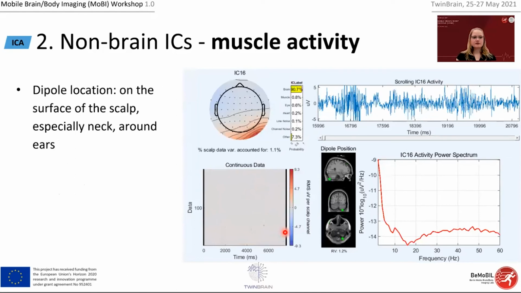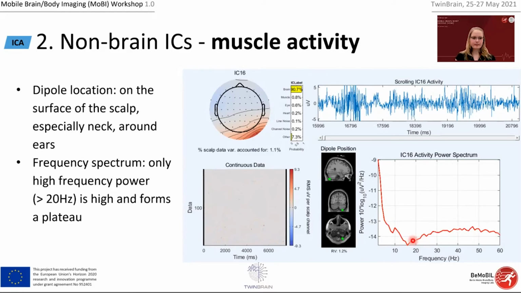And then for the dipole location, they're rather at the surface, and sometimes really low in the neck. And this is a component we usually find in MoBI setups. So there is kind of a brainy peak in the spectra as well, but there is this plateau of higher frequency bands in the spectrum.